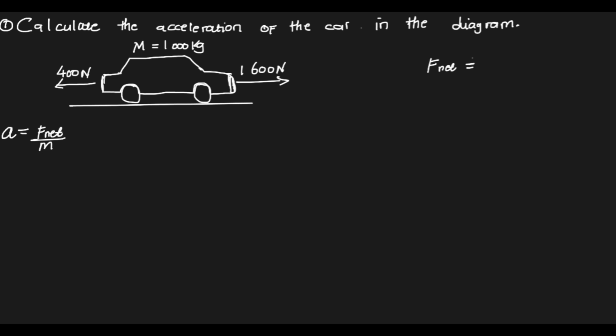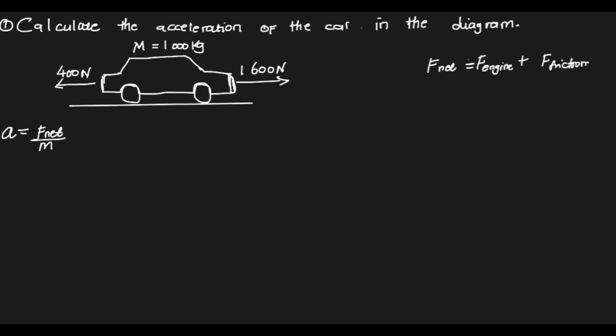So here, we are going to begin with the force produced by the engine. For this car to move, the force produced by the engine must be greater than the force produced by the friction. Then plus the friction force.